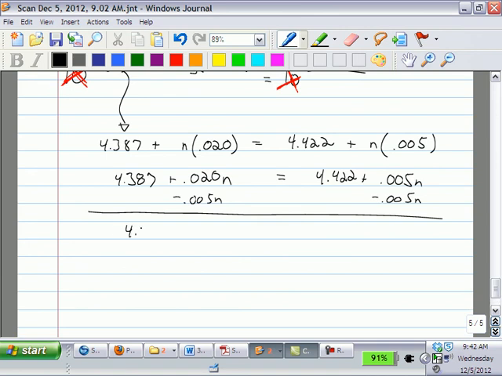So 4.387 plus 0.020 n minus 0.005 n is 0.015 n.